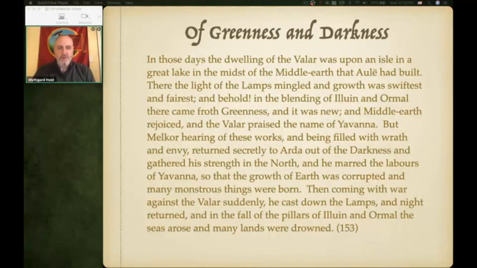Those of you who have read the Book of Lost Tales recently enough will recall that he did that by building the pillars out of ice. He said, oh, I'll help you build the pillars, but unbeknownst to everybody else, he made them out of ice, so that when they lit the lamps and everyone was like, yay, the lamps are beautiful, the pillars melted and fell over and crashed, and the lamps were destroyed, and the land was made ruin, and Melkor laughed and ran.